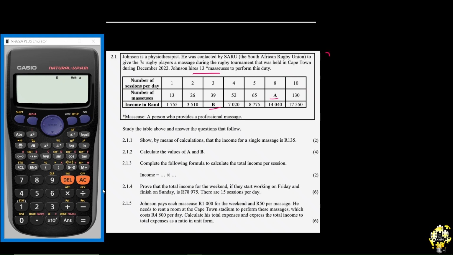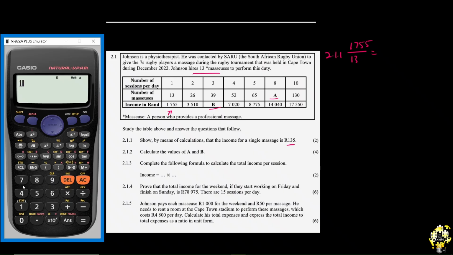So let's come here and say 2.1.1. We are supposed to show by means of calculations that for a single massage you are going to get 135. So what are we supposed to do here? We can use any at random. So let's say we use this one. If we have an income of 1,755, and the number of masseurs was 13, what do we get?